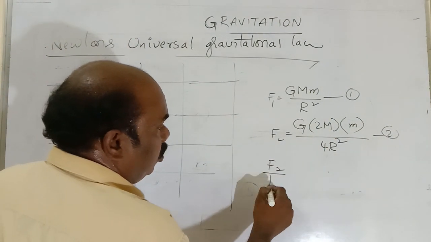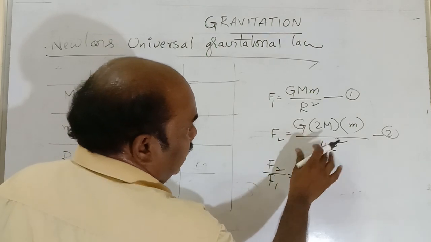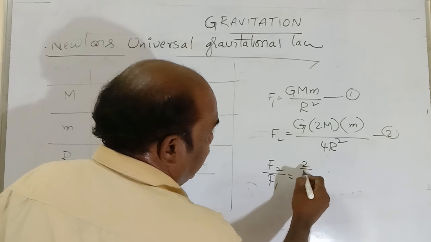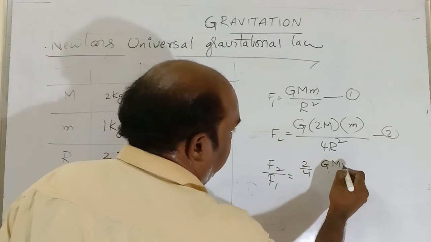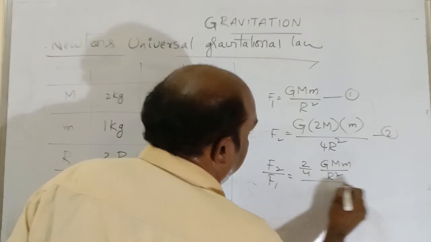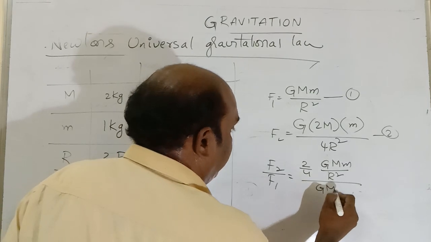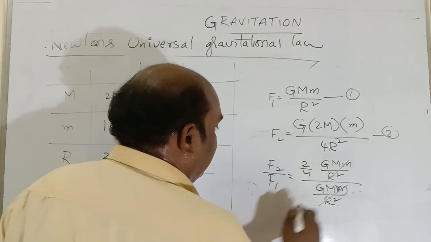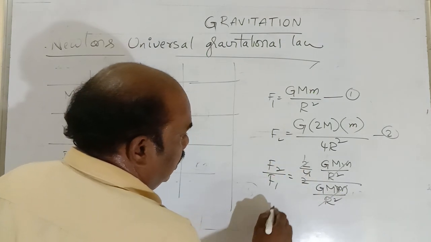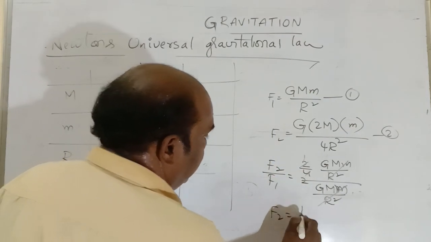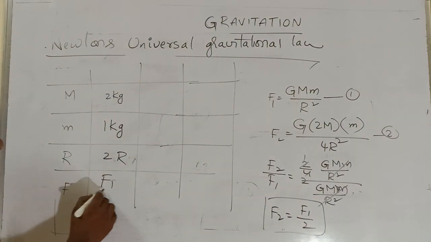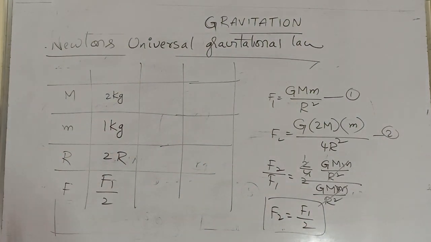F2 by F1 is equal to this total by this total. 2 by 4, keep it aside. GMm by r square divided by GMm by r square, so this total value would be cancelled. F2 is equal to F1 by 2. That means the force is 2 times less than the initial force, half.